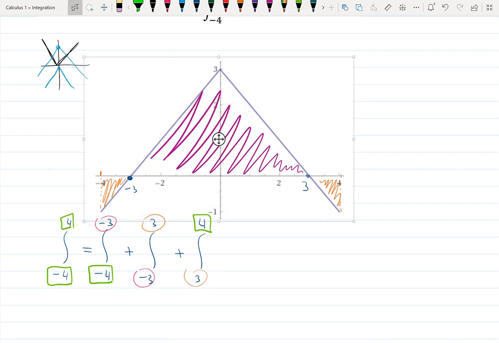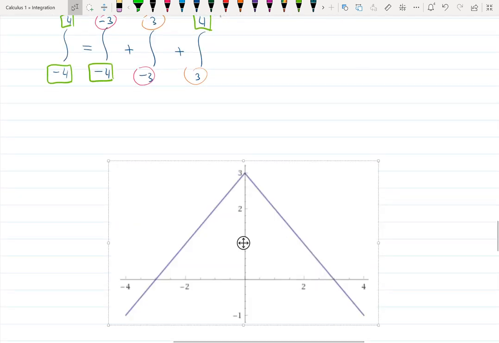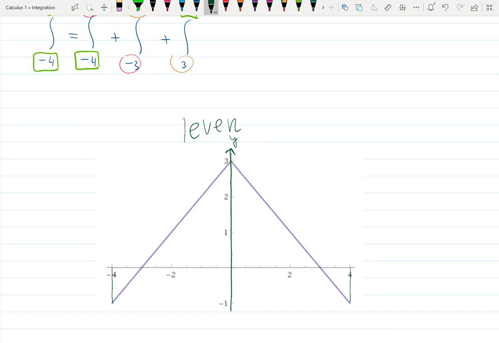I'll make a copy. Do you remember what it means to be an even function? An even function is like a parabola. If you use the y-axis to fold the function like a butterfly, the left-hand side will match with the right-hand side. So actually, it means everything on the left is the same as everything on the right from the y-axis, because the y-axis here is the axis of symmetry. So even functions are symmetric with respect to the y-axis.